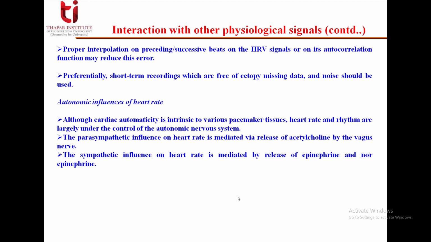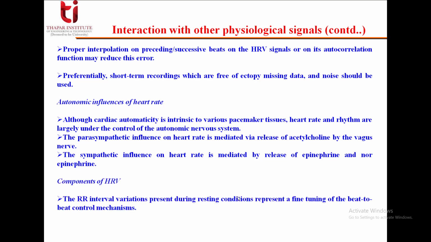The sympathetic influence on heart rate is mediated by release of epinephrine and norepinephrine. We have various components of heart rate variability. The RR interval variations present during resting conditions represent a fine-tuning of the beat-to-beat control mechanisms.